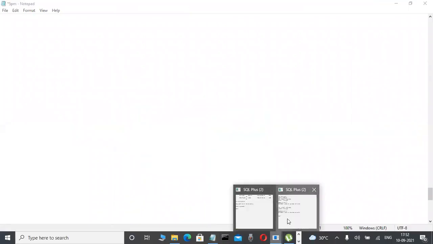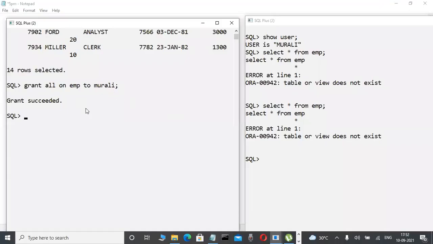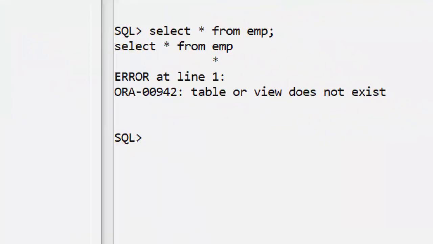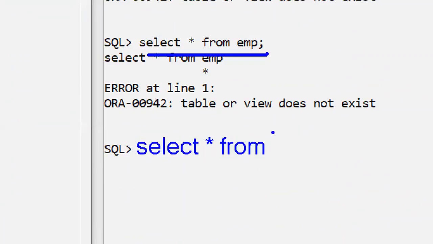Otherwise, it won't work. Same in this case also. Which user is giving permission? Scott user gives permission. That's why select star from EMP works. Otherwise, select star from Scott.emp works. Very good. Select star from, which user giving permission? In this example, which employee gives permission? Scott employee, Scott.emp.